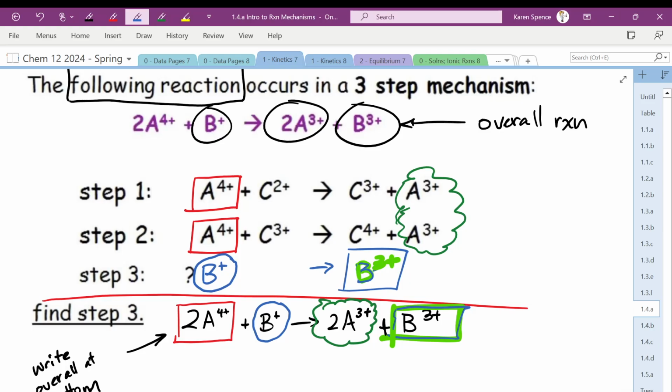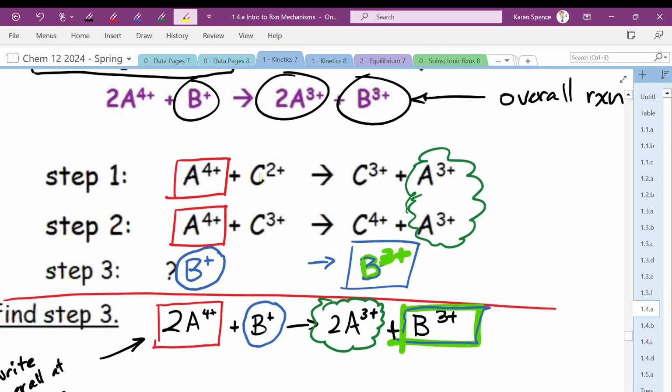Now I need to make sure that everything else cancels out. Does C2 plus cancel out anywhere? No. So where would I need to put it in order to make it cancel out in the final step, step 3? It's on the left, so we need to put it on the right. So over here, we're going to put C2 plus. So that's going to cancel out now. We also want, I've got a C3 plus.